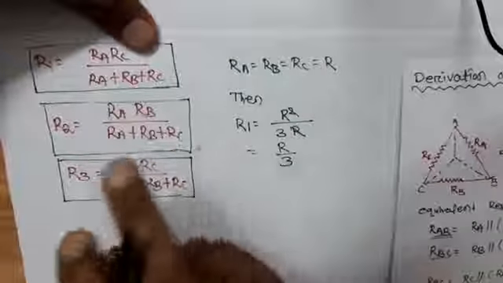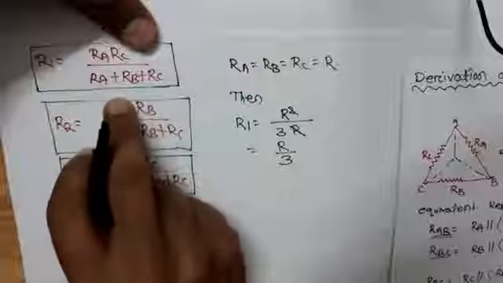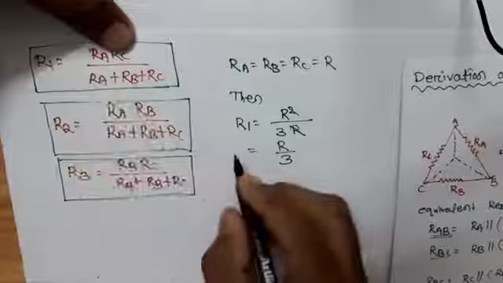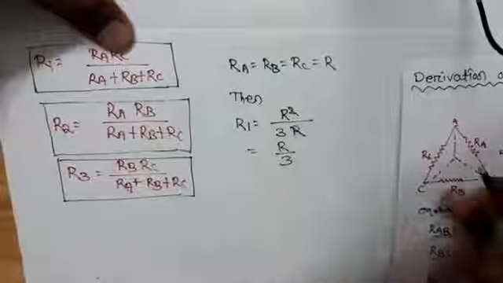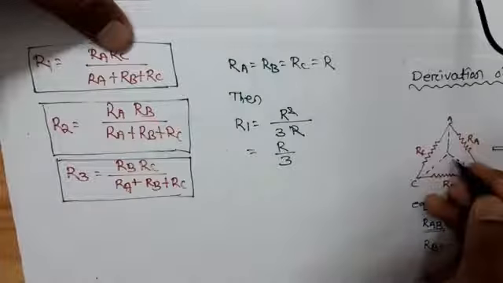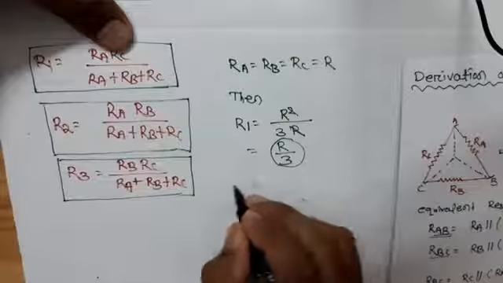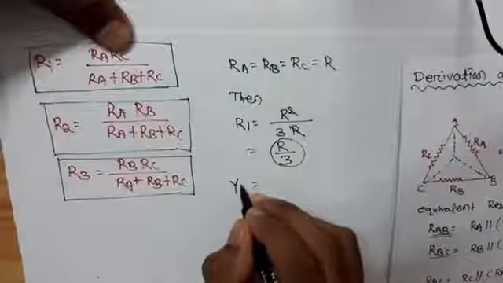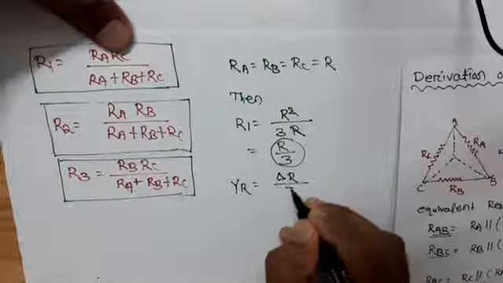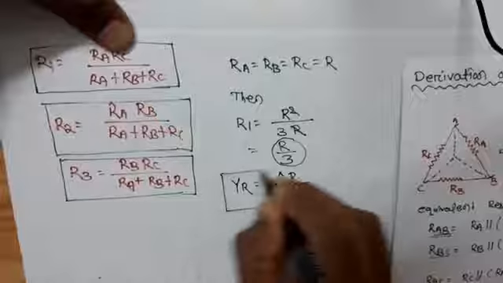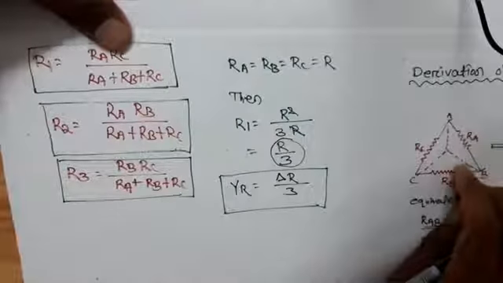If all the resistors of the delta connection are equal, then each element of the equivalent star is the delta resistance divided by 3. Star R equals delta R by 3. This is a shortcut trick if all delta resistors are the same.